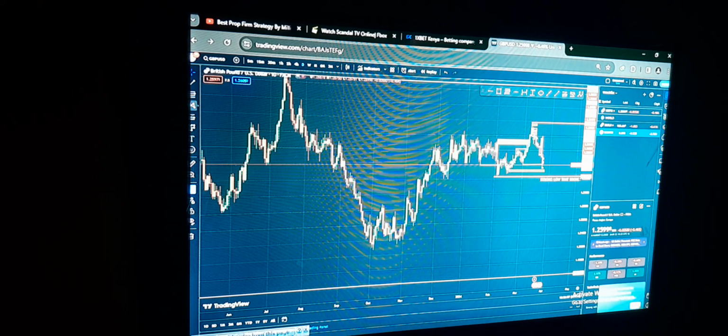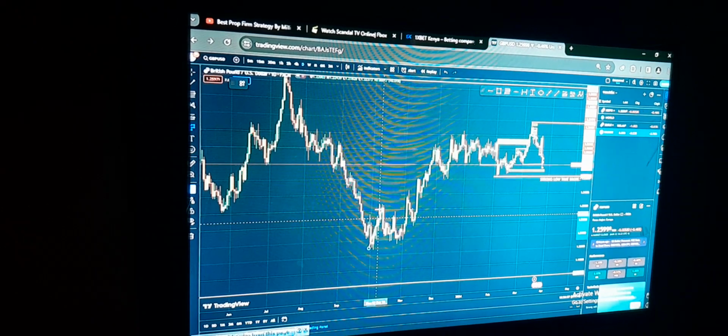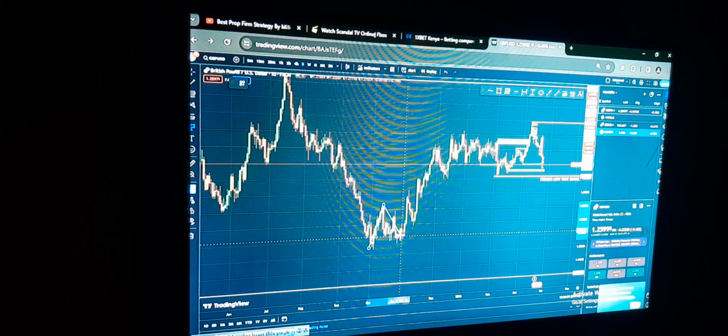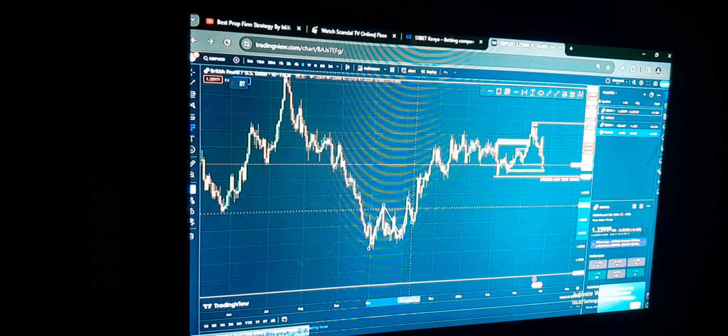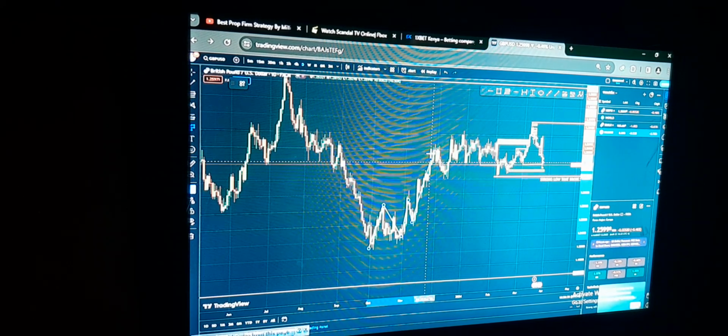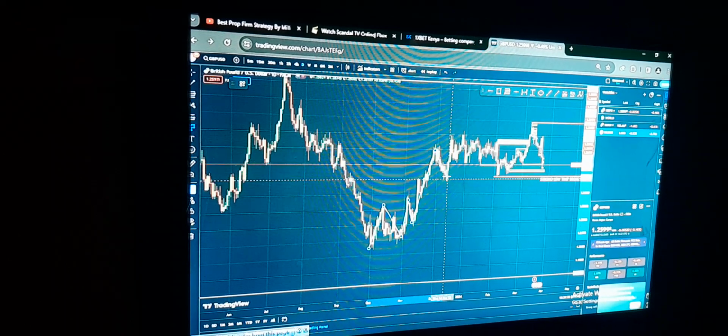So I use this polyline again. I use this to be more accurate so that when I'm placing a trade, I actually do know what I'm doing. You understand? So this is what it is. Let's start from here. We trade it up, down. We trade it up again, down. We trade it up, down.